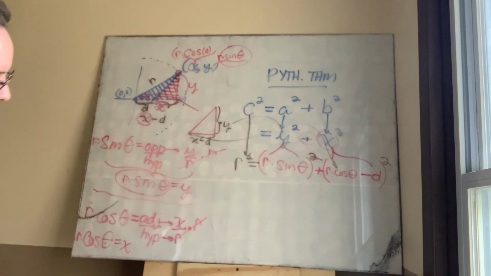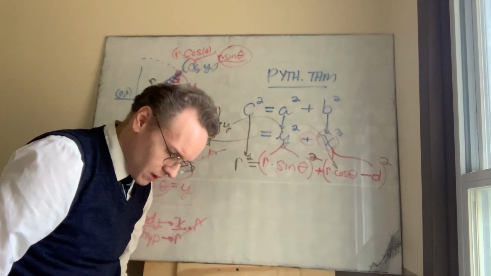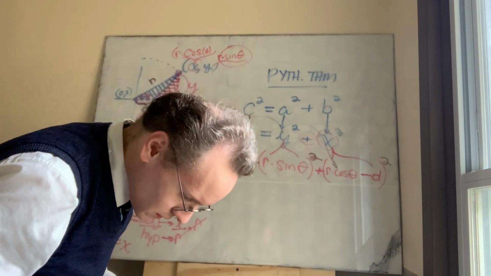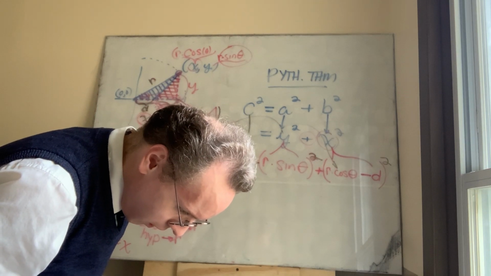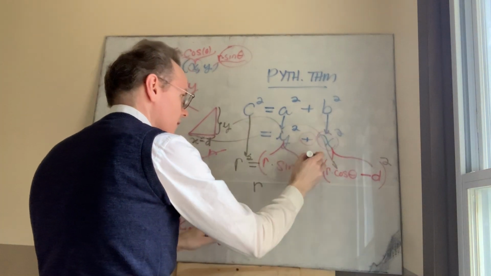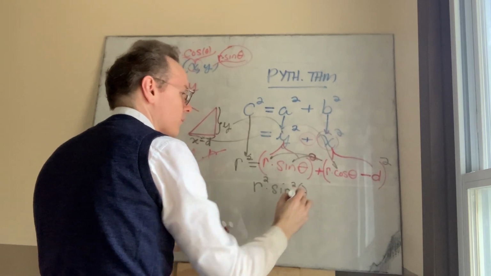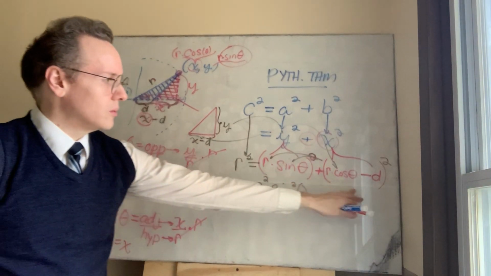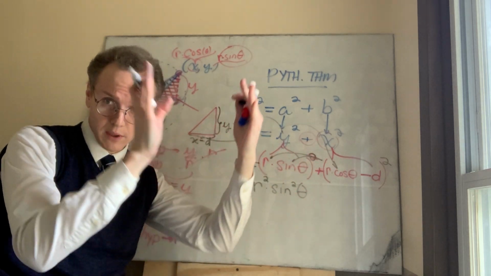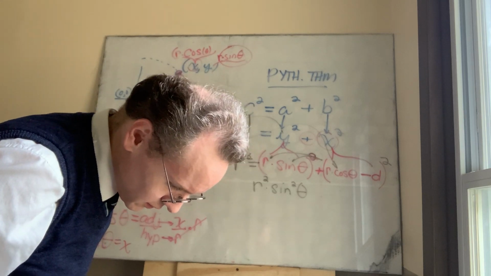Now what I could do is drop the parentheses for a moment. If you squared this, what would you have? You would have this exposed, R squared, because it would apply to both of these, times the sine squared of theta. This one is a little more problematic because you would get the perfect square trinomial, basically this factor times itself. So what would you end up with in that case?